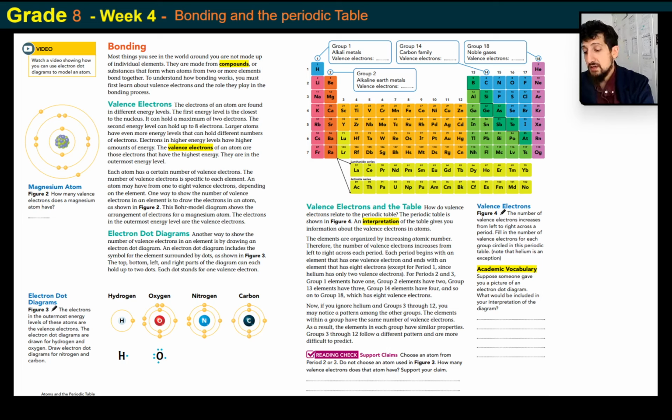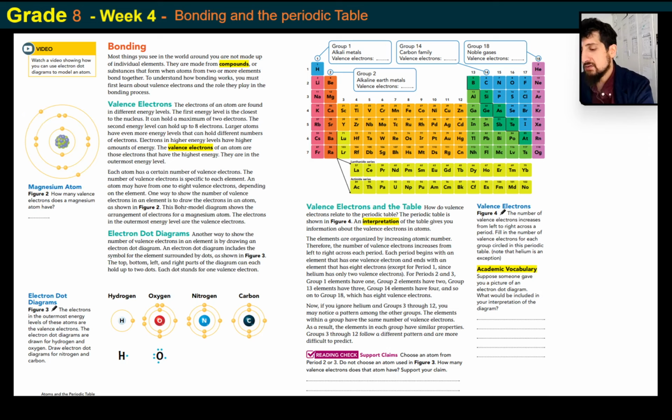Magnesium has 2 electrons in the first shell, which is the complete number of electrons. That's the maximum, 2 in the first one. In the next one, it has 8, and that's also the maximum because it can only have 8 in the second shell. But what about the third shell? How many electrons does magnesium want there? It wants 8. Unfortunately, it only has 2.